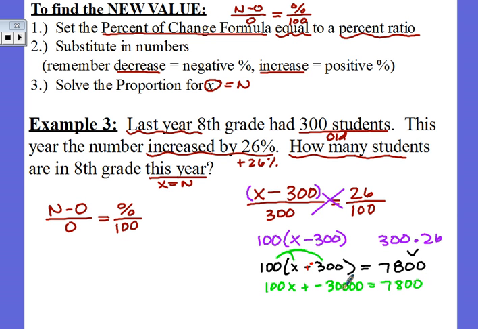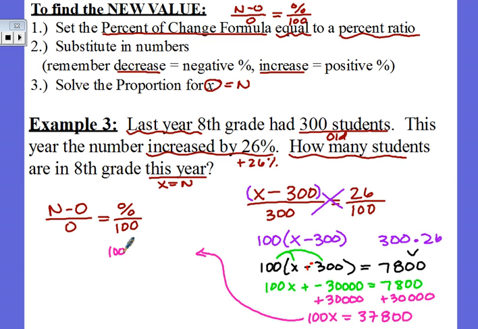Then I get rid of my constant first. So the negative 300 or negative 30,000, I can make a positive 30,000. You could also do minus a negative 30,000. You should get 100x is equal to 37,800. And we can take that equation over here and then solve for x by dividing both sides by 100.